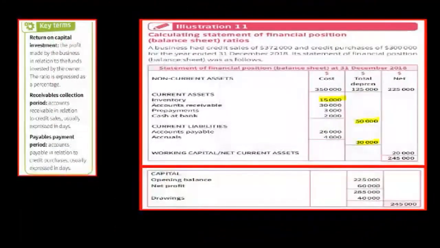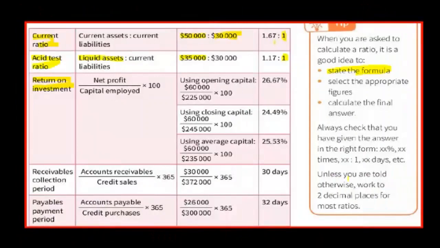The net profit is here. The opening capital is the 225 here. The closing capital is the 245 here. So that's how we get these figures in here.